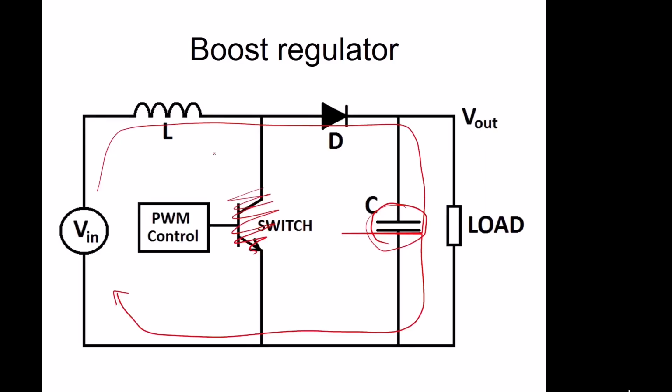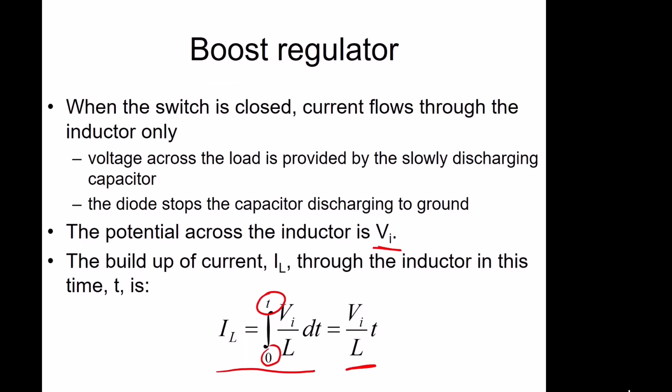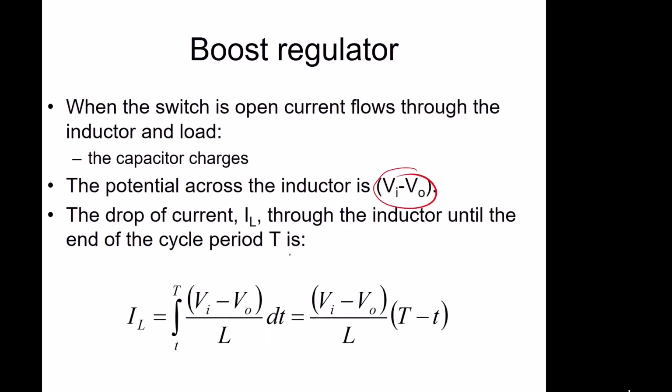So you can see V in here, and then it's V out here. So assuming no potential drop across here, that's going to be V out. So the potential across this is V in minus V out. And again, we can work out the change in current from time t to capital T, giving us this equation.